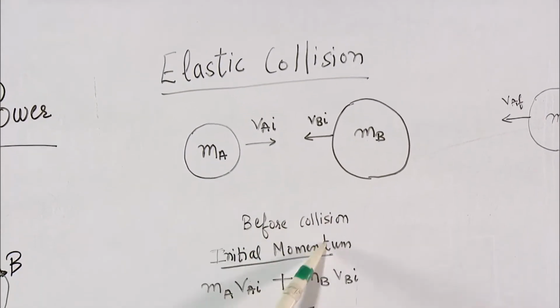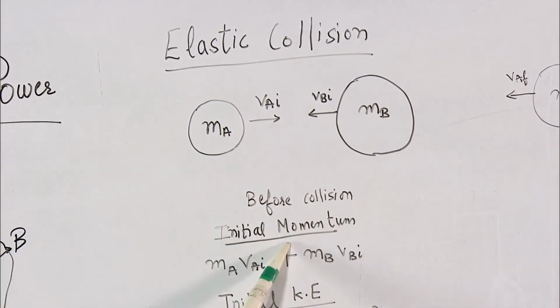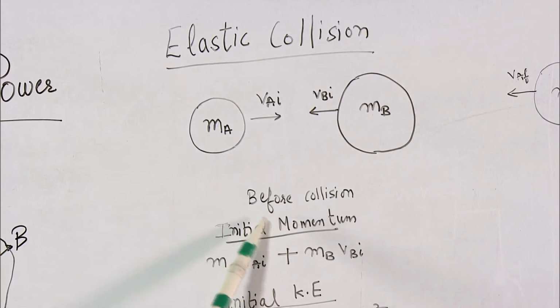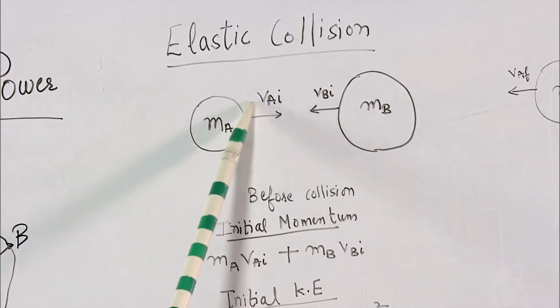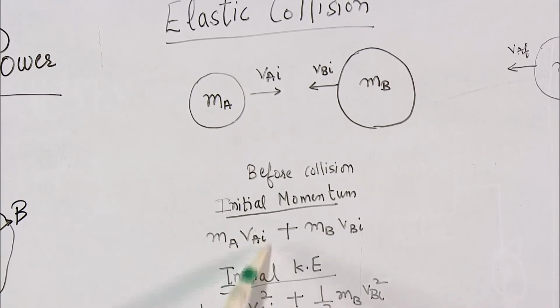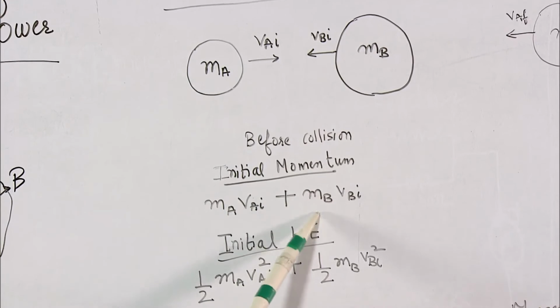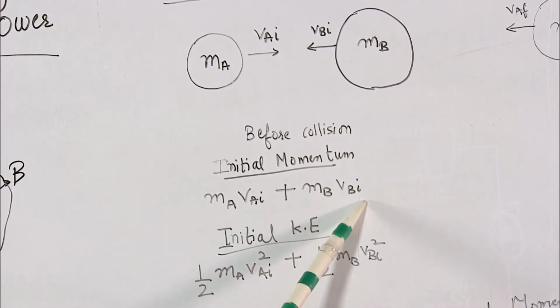Before collision, we have an initial momentum, given by the sum of the momentum of this ball, MAVAI, and the momentum of this ball, MBVBI.